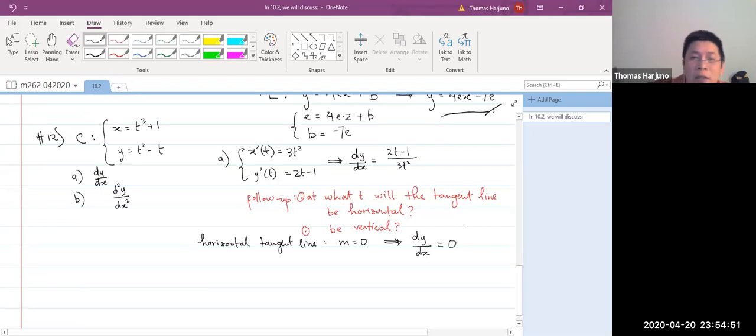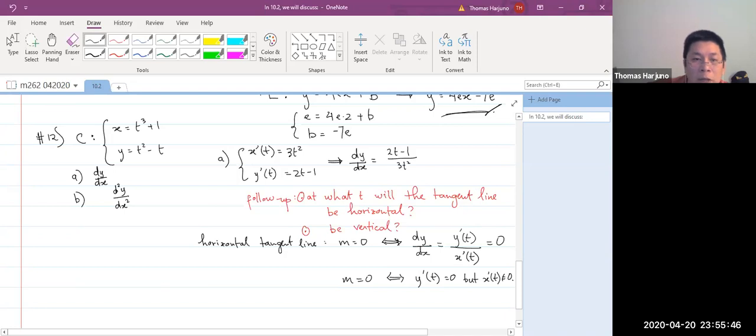By the way, dy/dx we know is y prime over x prime, right? Now, that implies the slope is equal to 0 when y prime t equals 0, but the denominator x prime t cannot be 0. Otherwise, if you have 0 over 0, then it's undetermined. So we need the numerator be 0. The denominator cannot be 0.